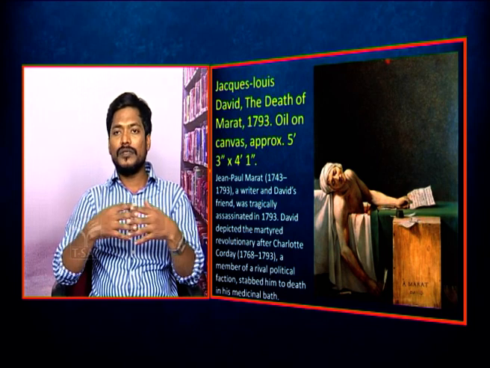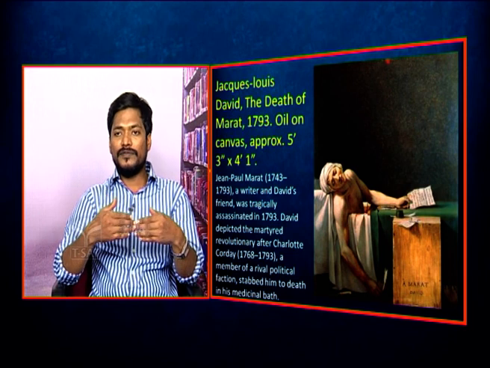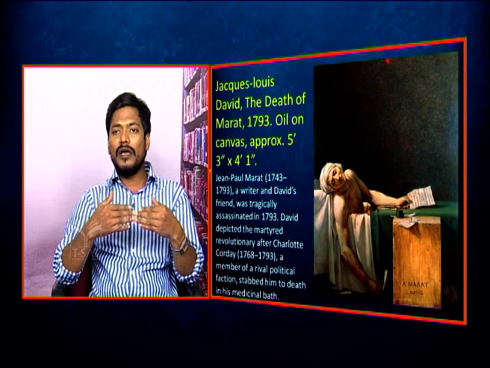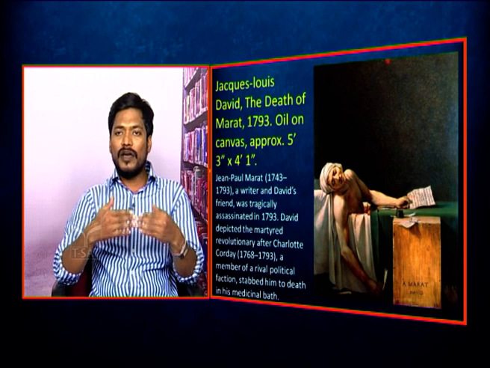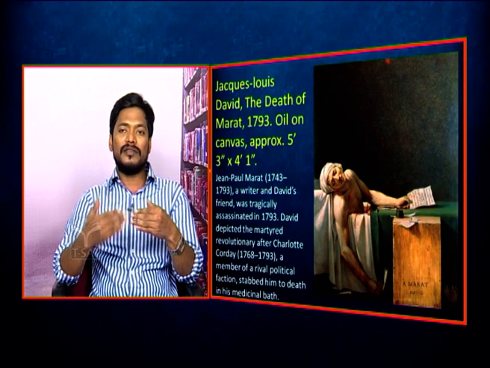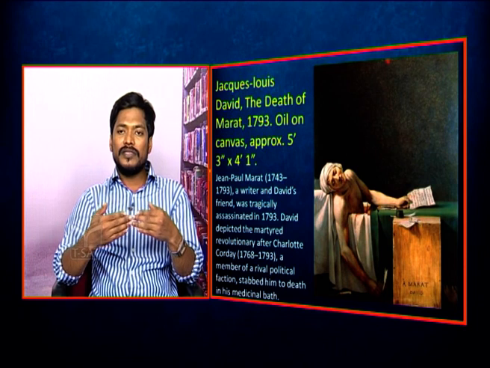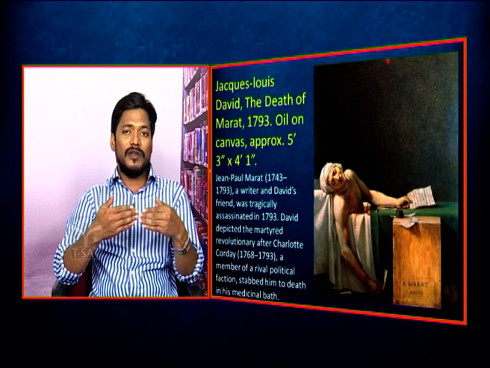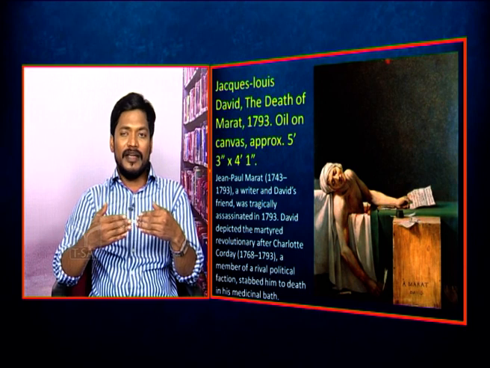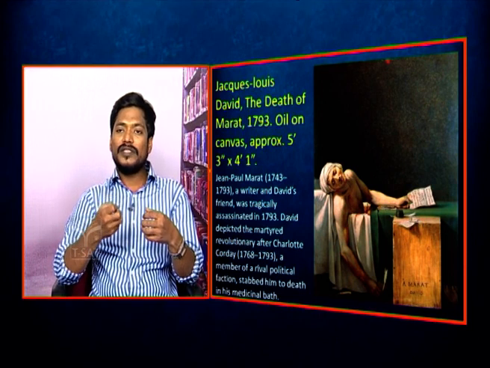And Socrates chose death. He did not stop his beliefs, he did not renounce his beliefs, but he said, whatever I said is correct and I can die for whatever I said. I believe in whatever I said and I will not say that I don't believe, I will not renounce, but I will die. So he chose death for the sake of his beliefs. So that is a virtue.